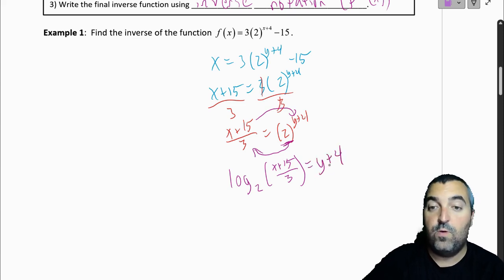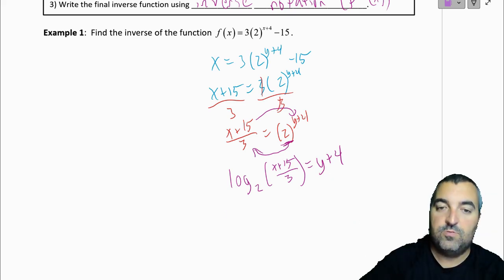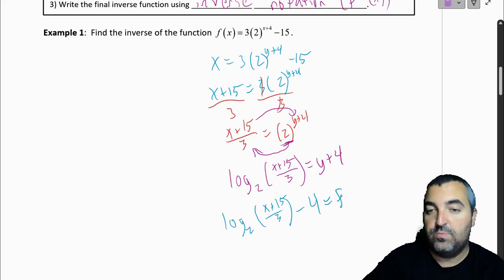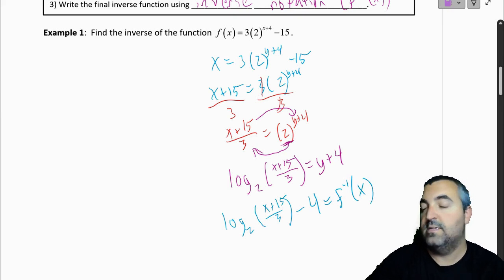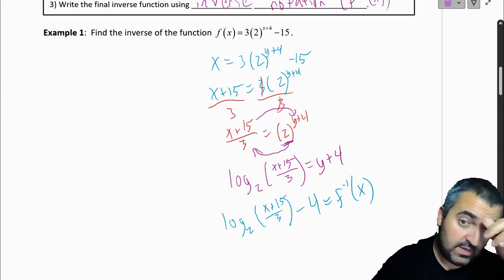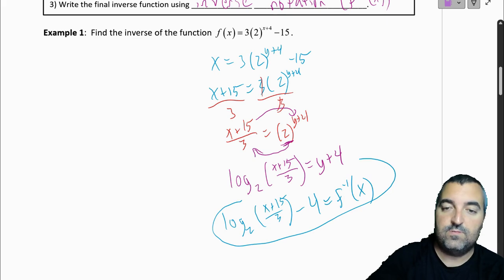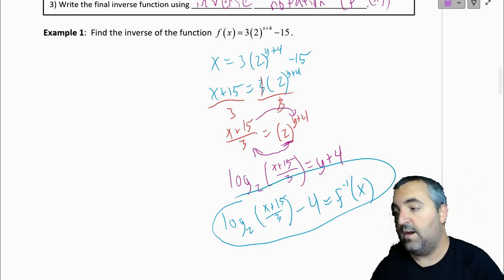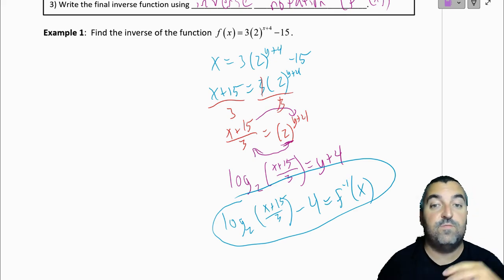And now you'll notice y is almost by itself. All I have to do is subtract 4, and the 4 that is being subtracted just stays on the outside. We would have y equals, but I'm going to write it as f inverse of x. Usually we write it on the left side, but it doesn't really matter. So there is how we would find the inverse.